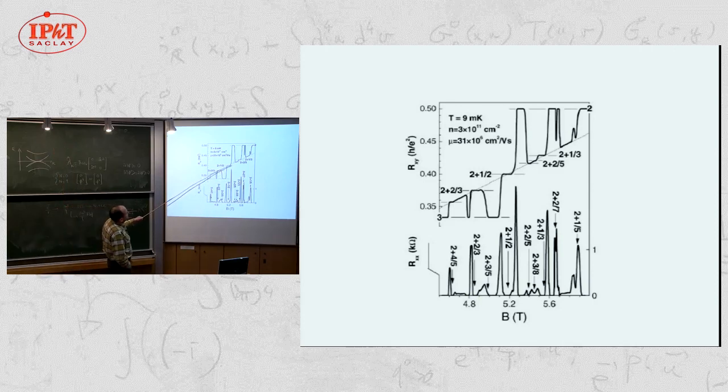Because you see that instead of moving on the line of the usual Hall effect, you go back to the nearest integer value of the Hall effect. So that's something peculiar to this n equal 1 Landau level.